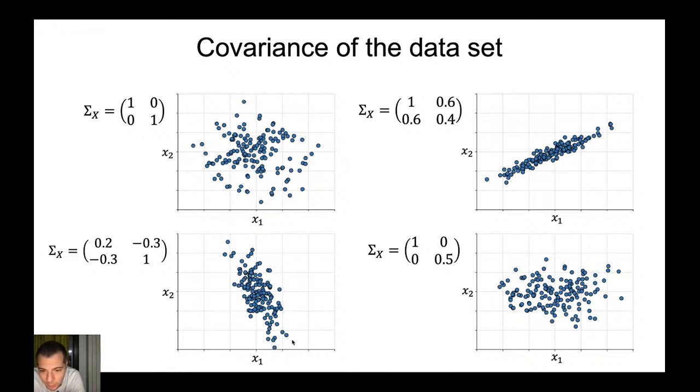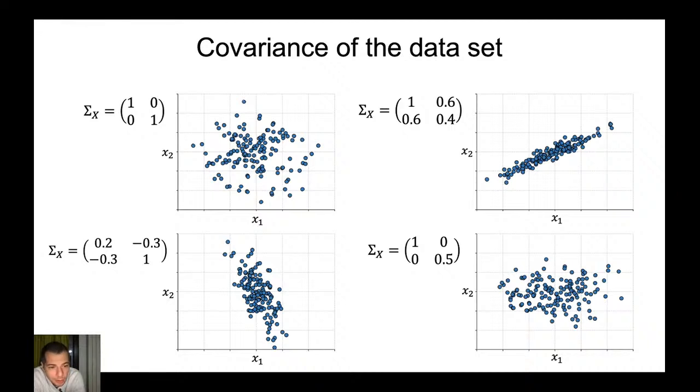For small values of x2, we have higher values of x1, and for higher values of x2, we have smaller values of x1. Notice that these values also represent how high the correlation is. Here we have a very big correlation. Here we have a smaller correlation. So this also tells us how the samples are oriented.